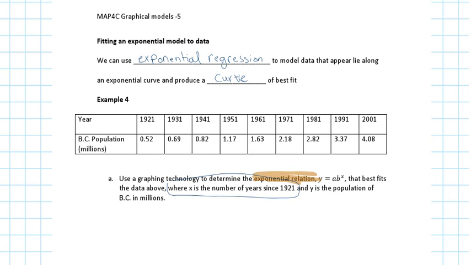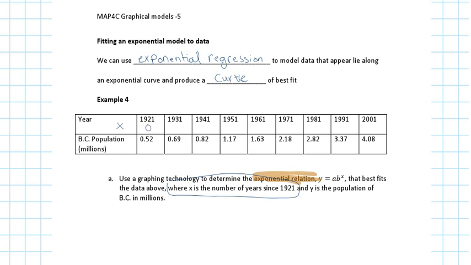So what would I enter for my x's? Do I enter 1921, 1931, 1941? No. What do I enter? The amount of year gap since 1921. So what would be my year 1921? That's year 0, right? So your x is going to be year 0.